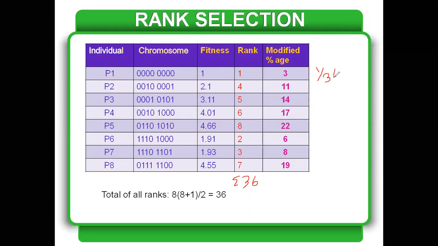So I will divide 1 by 36 and I get an approximate value of 0.03, which I have taken as percentage 3. ठीक है. Similarly P2 को कैलकुलेट करने के लिए इसका जो रैंक था 4 और 4 को मैंने 36, that is the total of all the ranks से divide किया. I get approximately 11%.